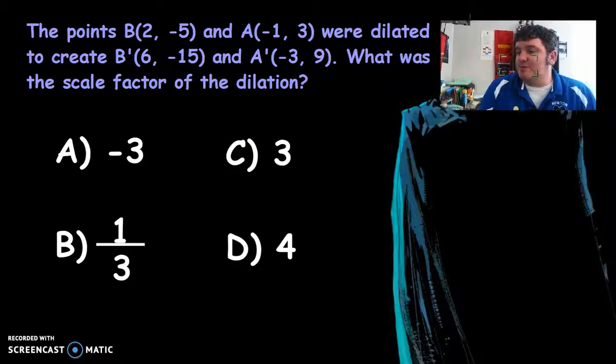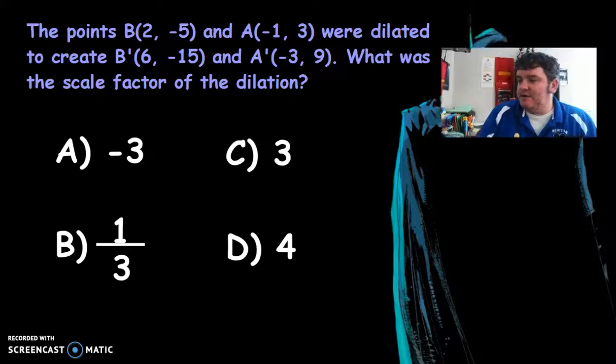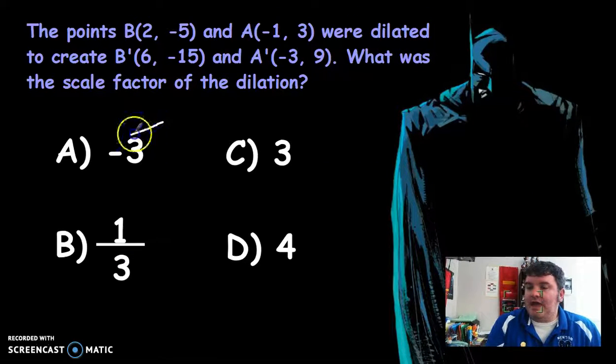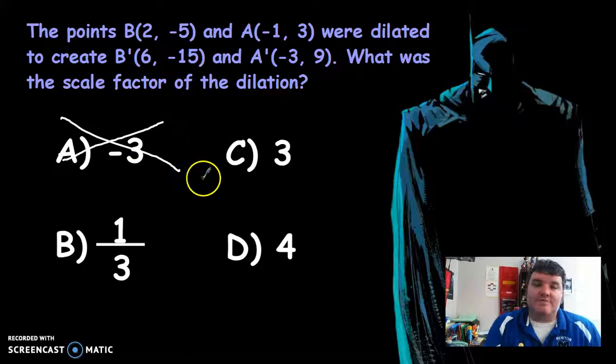So this was your first Plickers question of the day. It asked if the points B, 2, negative 5, and A, negative 1, 3 were dilated to create B prime at 6, negative 15, and A prime at negative 3, 9, what was the scale factor of the dilation? You had your choices here. Now you automatically could have eliminated A, as we are not dealing with negative scale factors.